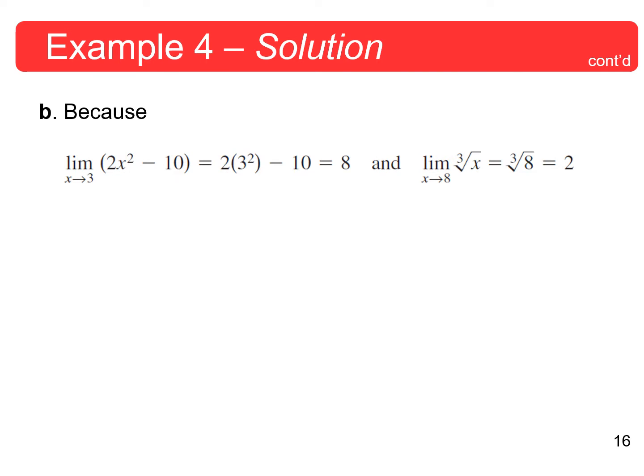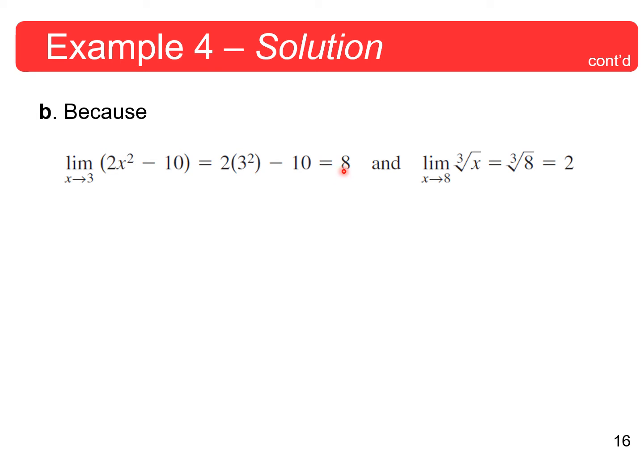And so for letter B, we will first obtain the limit of 2x squared minus 10 as x approaches 3. Using direct substitution, this is just equal to 2 times 3 squared minus 10. 3 squared is actually 9, times 2 is 18, minus 10, that gives you 8.